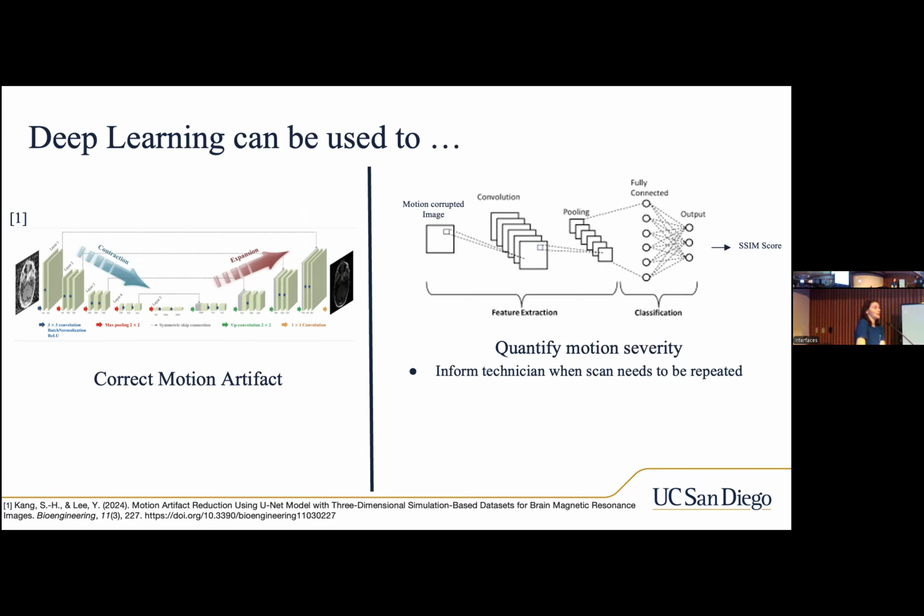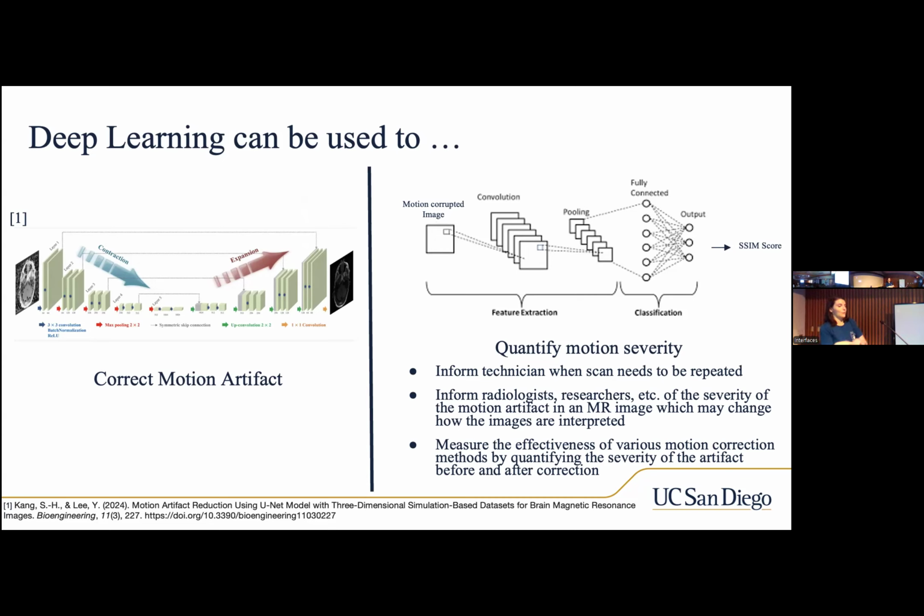Because it's not always clear: is it too bad, or can we live with it? And then also it can inform radiologists and researchers of the severity of motion artifact in an image, which may change how the image is interpreted. And then lastly, it also could be used to measure the effectiveness of various motion correction methods. So if we could somehow quantify the motion severity, then if we make some way of fixing it, we could see how well it fixed it, right?